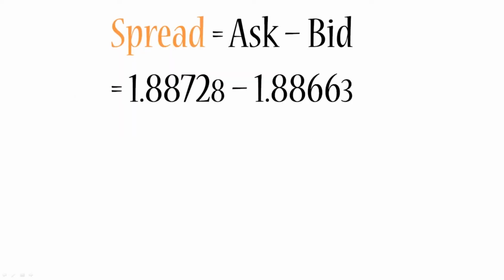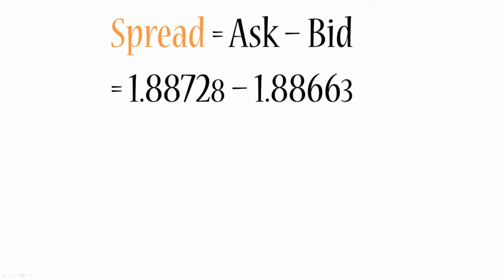So once again, let's calculate the spread. Here I've shown our previous example, but I've added the 5th digit as a smaller number, and a lot of brokers do that just to show that it is 5-digit quotations, because when you have 5 digits after the decimal point, it can get a bit confusing, with a lot of numbers.